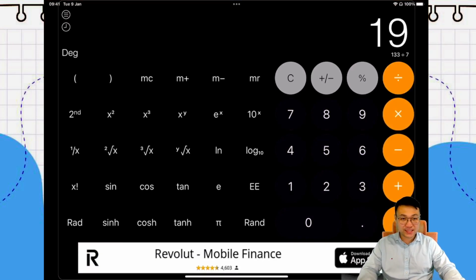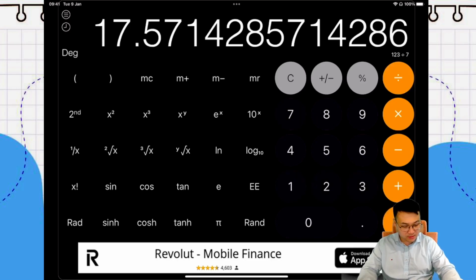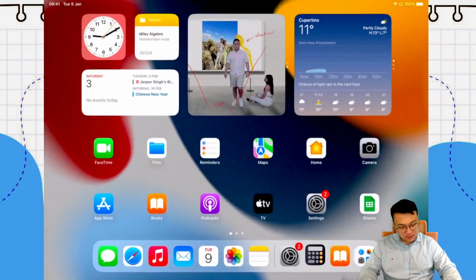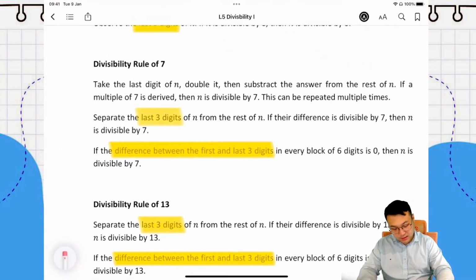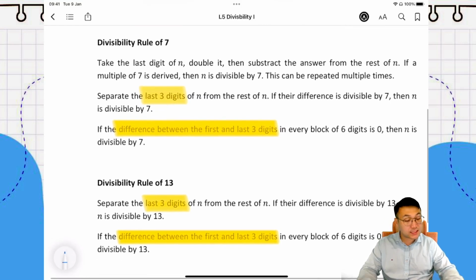There you go, 19. How about 123? 123 cannot. You will end up with decimals. So can you see, students, these are the rules that we can use to determine the divisibility of 7 and 13. But 7 is a little bit different from 13.